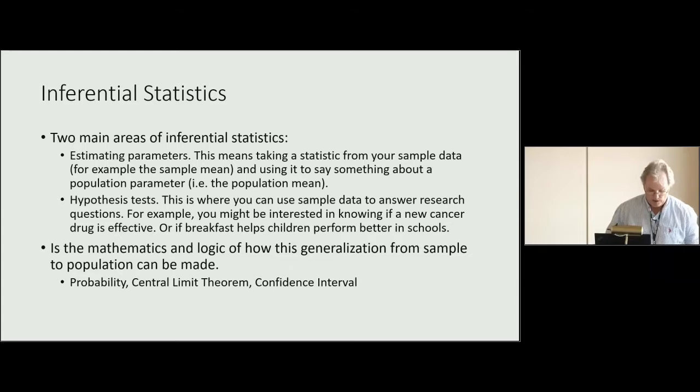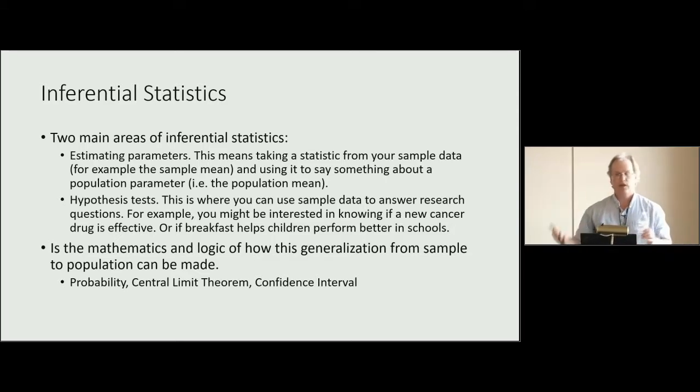And it's really based on probability theory. There's a central limit theorem that's really important, and confidence intervals and uncertainty, right? So again, this line of reasoning assumes that the sample data is representative of the population. If it's not, for whatever reason, then the inferences won't make sense. They won't align.